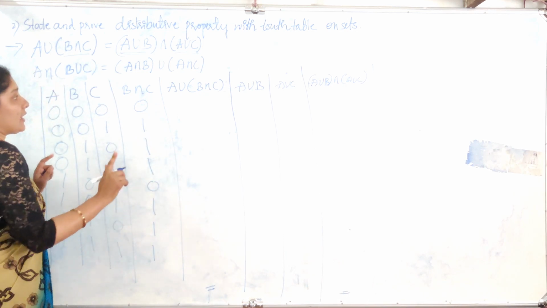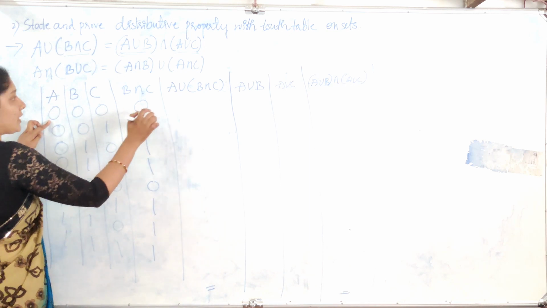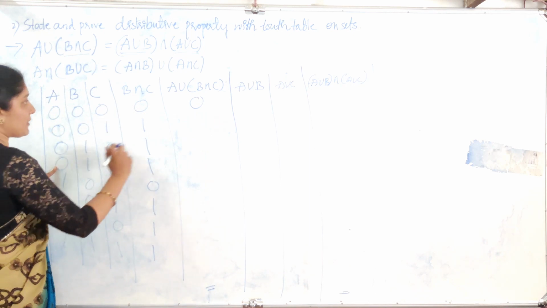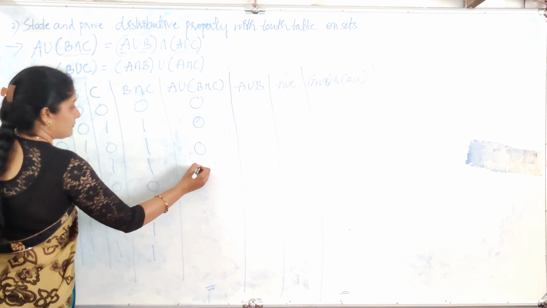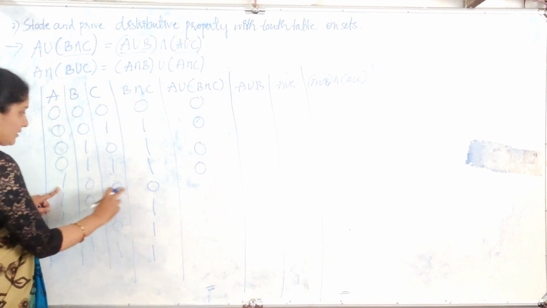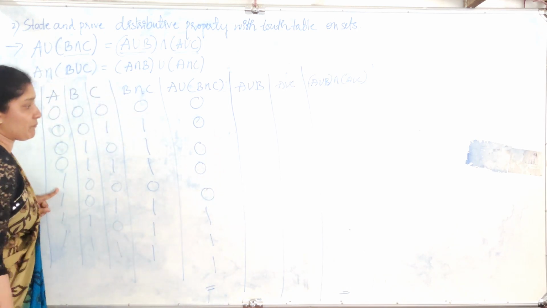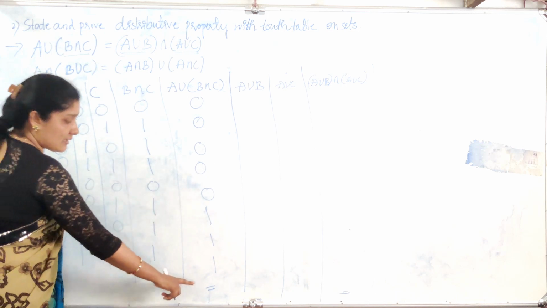Next, A union this. All first 4 outputs will be 0 here. Next 0. Next all three 1s. So this is LHS.